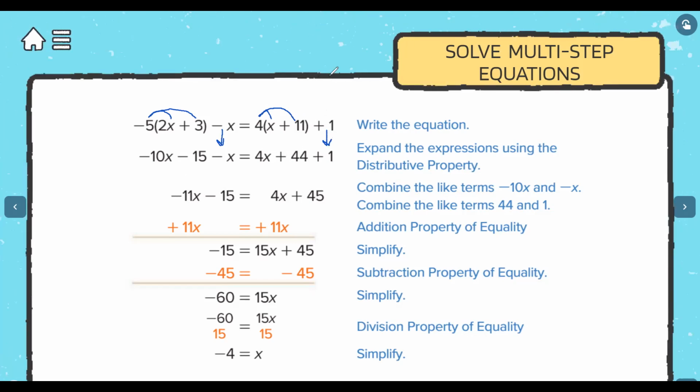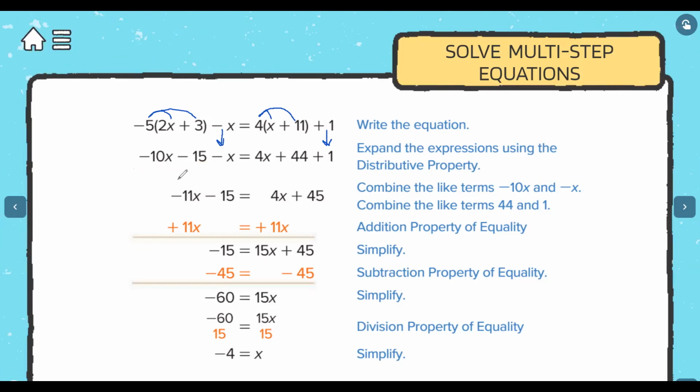Now, what we have to do next is combine the like terms, okay? Like terms means that we have to combine x's with x's and the ones without x with the ones without x. But we need to combine them when they're on the same side of the equal sign. If you see right here, we have -10x minus 15 minus x.